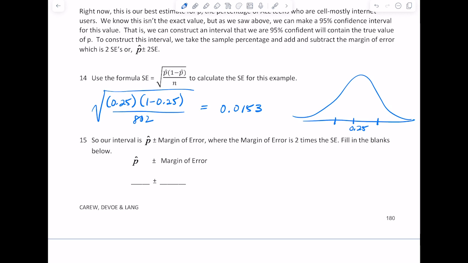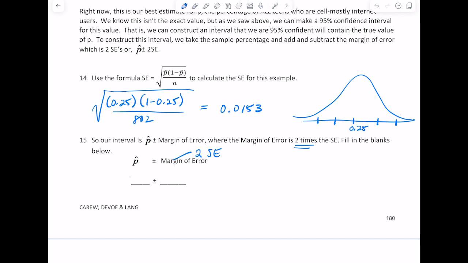And since we're looking for a 95% confidence interval, we know that that's two standard errors on either side. So we're going to do p hat plus or minus the margin of error, which is just 2 times the standard error. If we were looking at a 99.7% confidence interval, we would do 3 times the standard error.